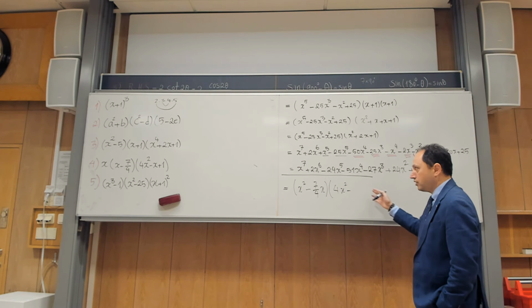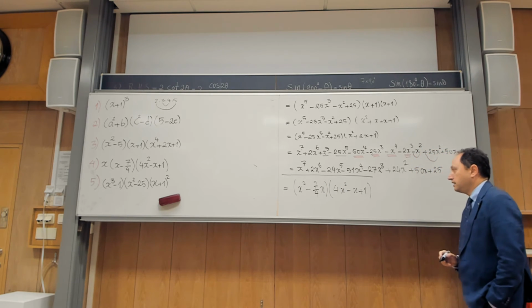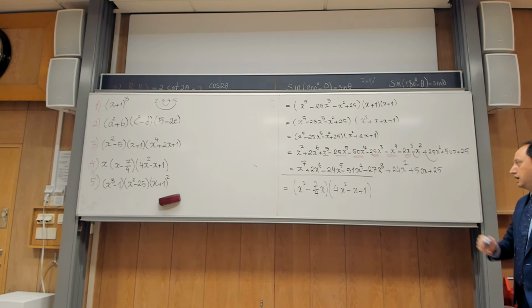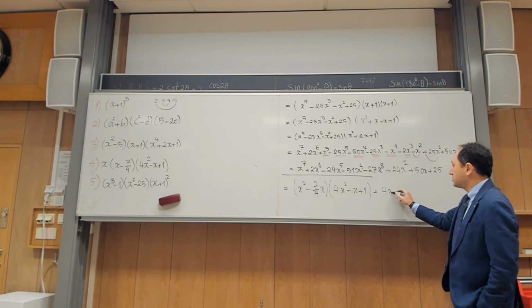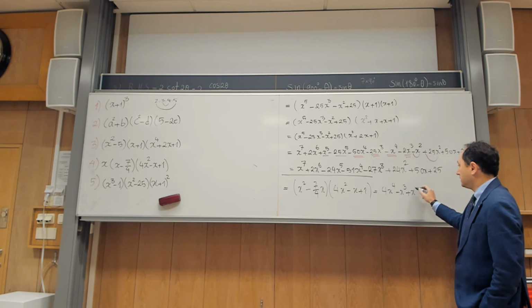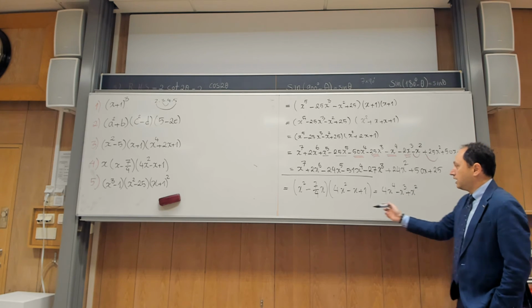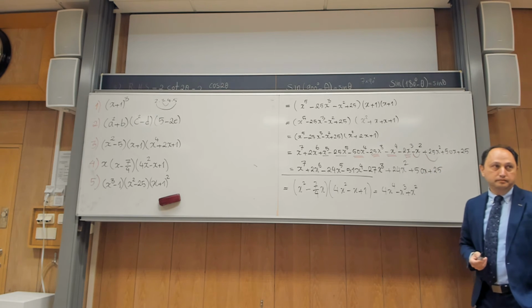So you have to copy and paste even those parts that you haven't done anything with. And then I have to start multiplying it again. So it becomes 4x to the 4 minus x to the 3 plus x squared. Any questions here? I just took this one, multiplied this here, here, and there.